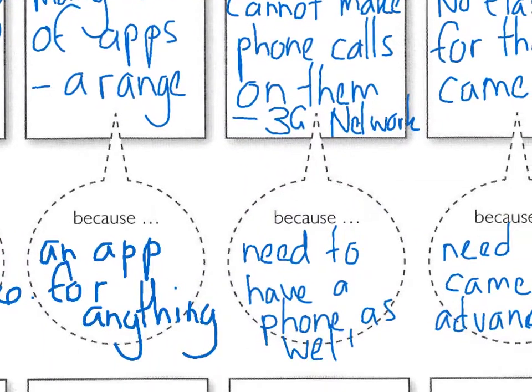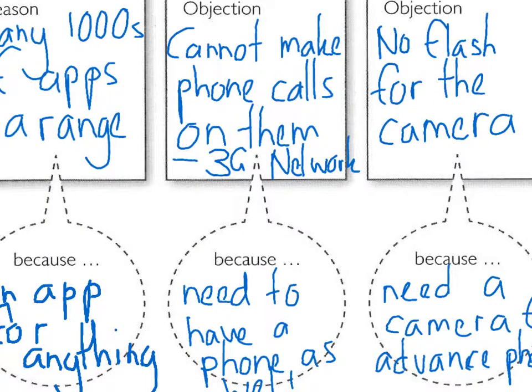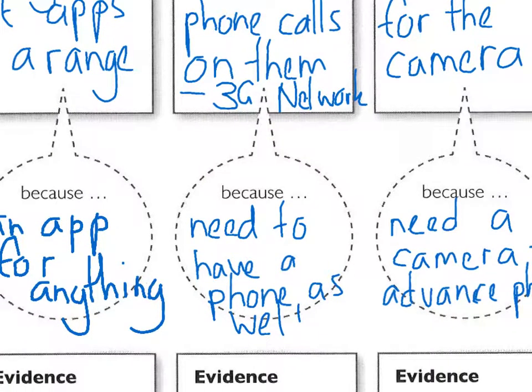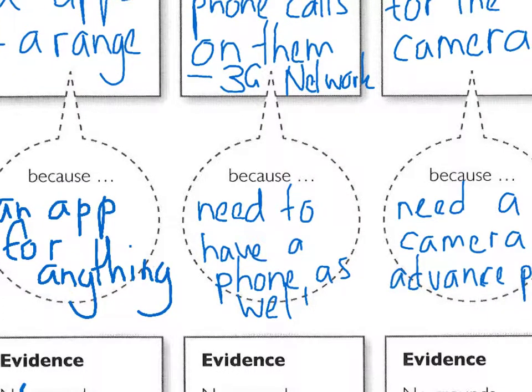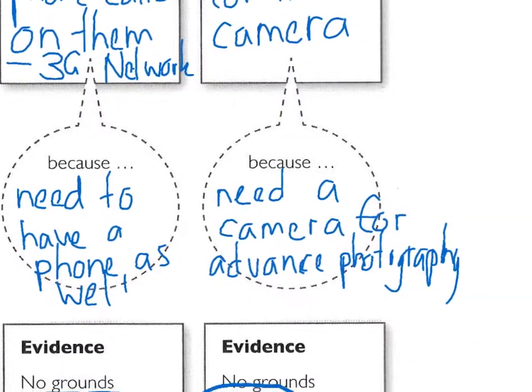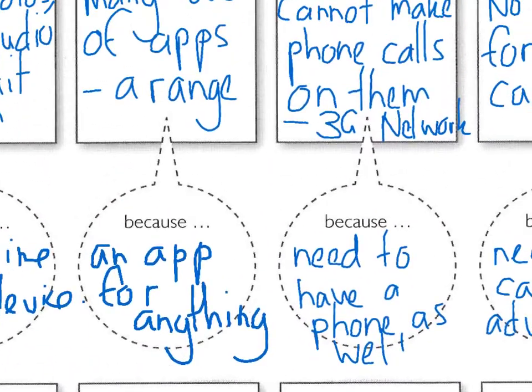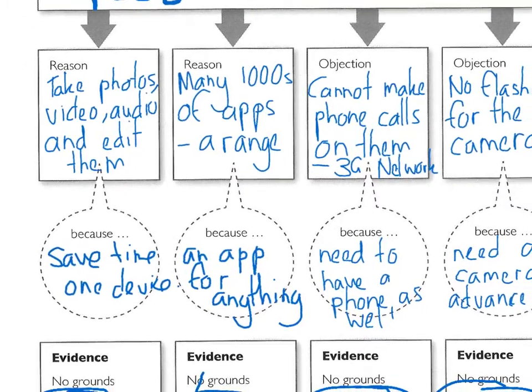Then we've talked about how you might need to have a phone as well as an iPod. It's not a device that you'll be able to make phone calls on, and you need a better flash camera in order to take more advanced photography.